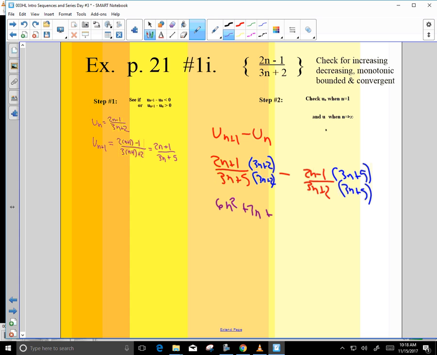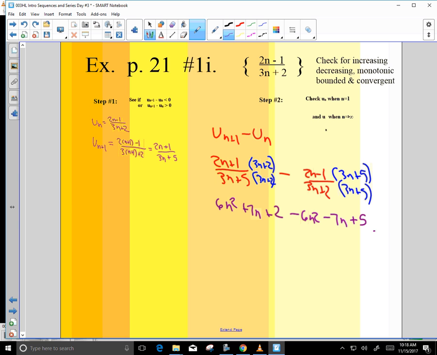Plus 1 times 2 is 2. And then here you have minus 6n squared. Negative 3n plus 10n is 7n, but it's the opposite, minus 7n. And then, is that one important? We'll see. Then it's negative 1 times 5 is negative 5, but the opposite of negative 5 is plus 5.